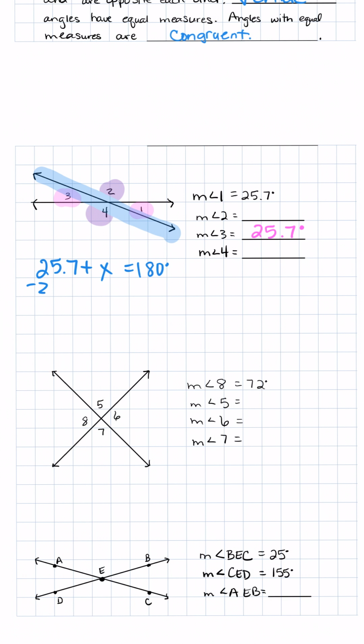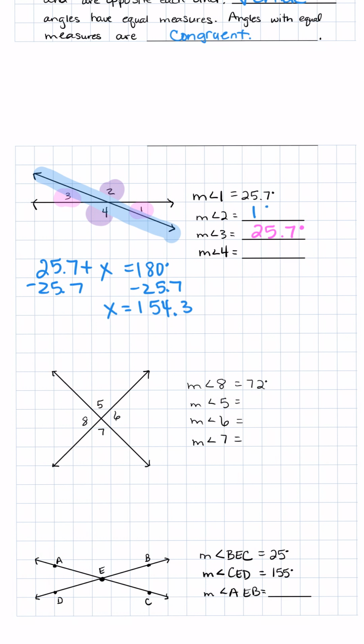So let's subtract 25.7 from both sides. And therefore, we get that x equals 154.3. So if that's what x is, that's the measurement of 2 and 4.